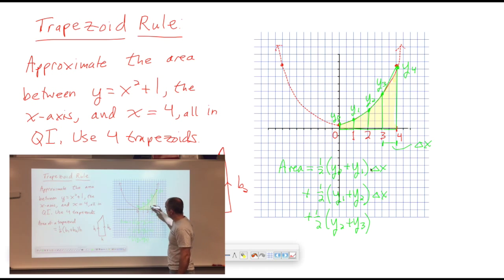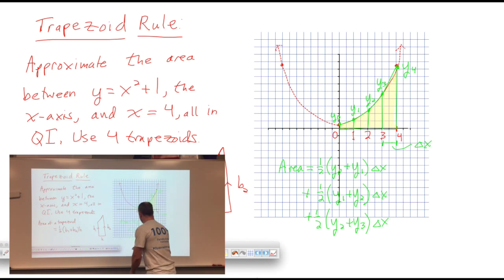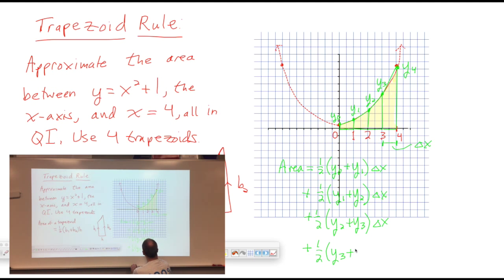That's the length of the 2 bases of my third trapezoid, times their height of delta x. I realize that seems like a weird way to use the word height, but it's accurate enough. And 1/2 y3 plus y4 times delta x. These are the areas of my trapezoids.